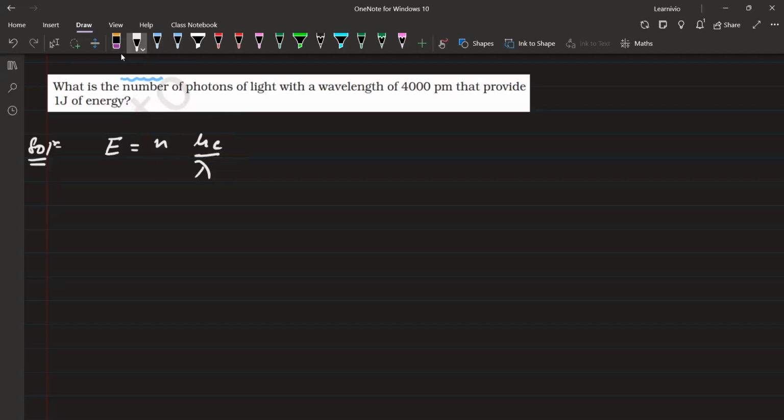Plug in the value of h, plug in the value of c, plug in the value of lambda. है ना? बेसिकली क्या निकालना आपको? n निकालना है, number of photons, which will be equal to lambda into E divided by h into c. ठीक है?